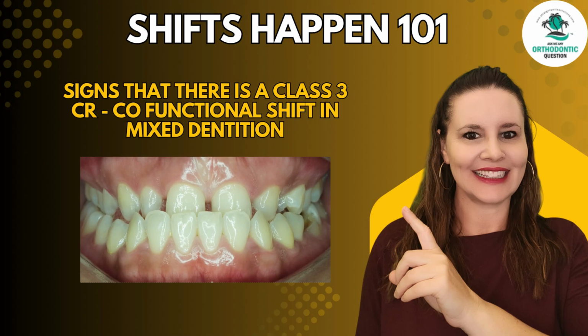If these teeth are retroclined, they're getting pushed back by these teeth in the shift, and these teeth are most likely proclined, not always. If you don't know how to do that, your eye needs to be trained for that. You can watch all of our cephalometric videos. We even have a cephalometric playlist on our homepage. You should definitely watch those.